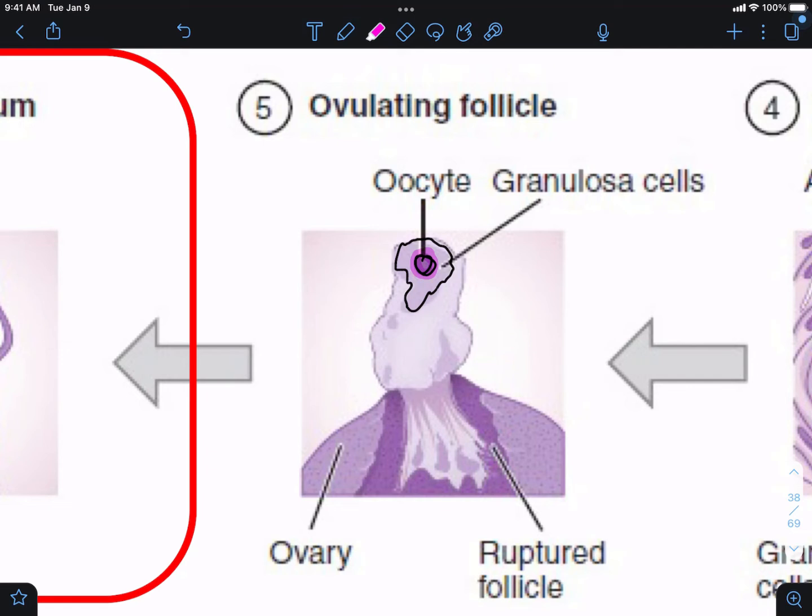That's the glycoprotein layer, all right? And that's essentially what is going to leave and travel down the fallopian tubes towards the uterus. It'll be collected by the fimbriae of the fallopian tubes or the uterine tubes and passed down into the uterus.